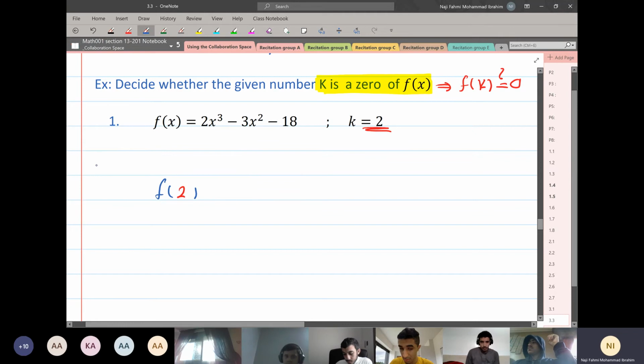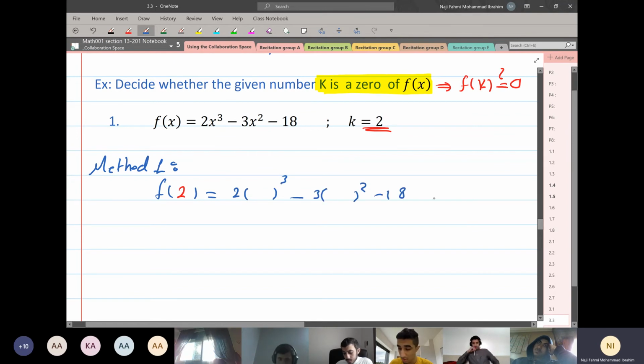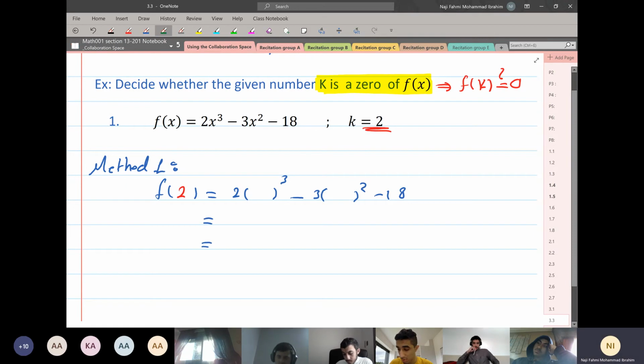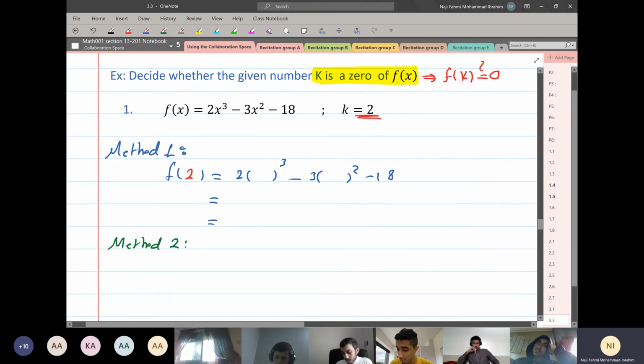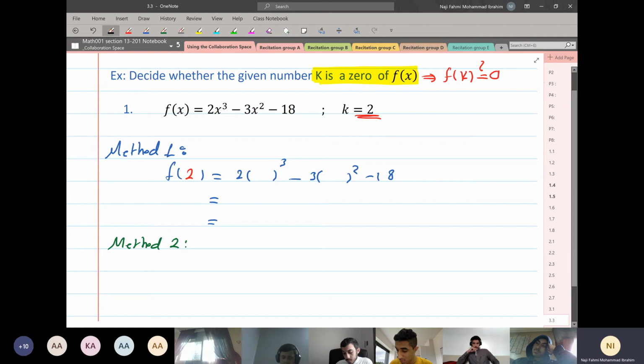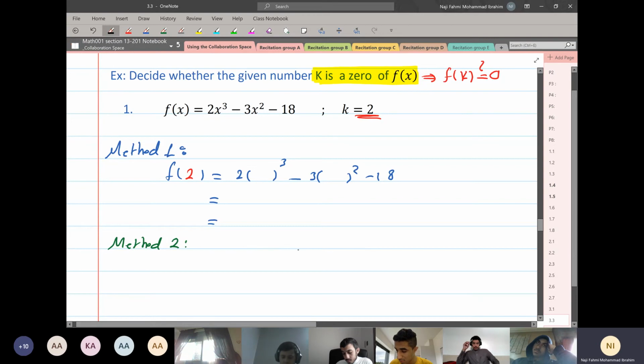Method 1. Then after that, you need to use the second method, which is the synthetic division.